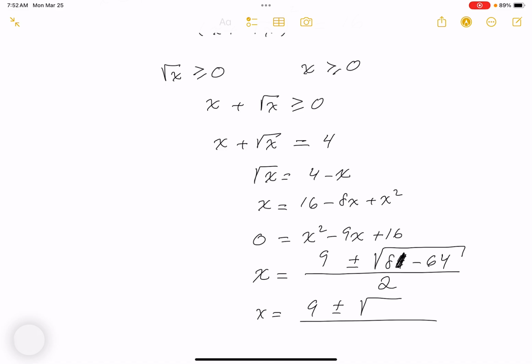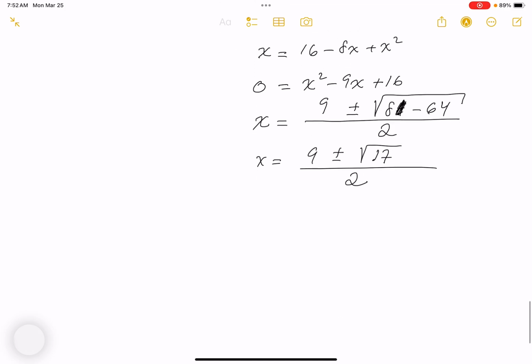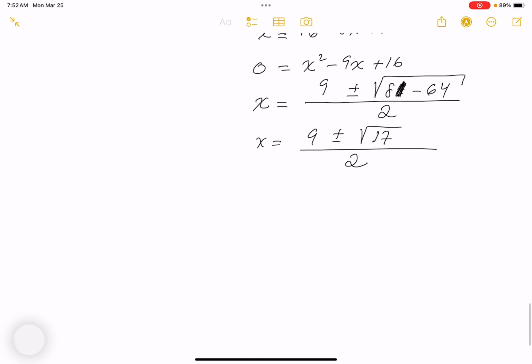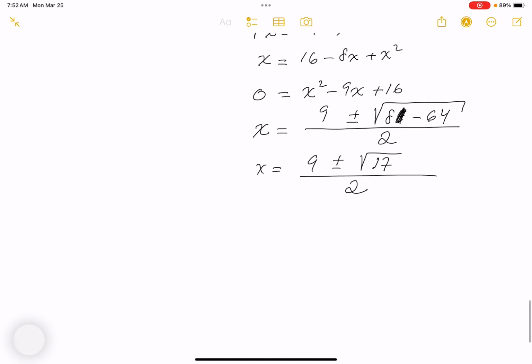That's 17. Well, I'm certainly getting real numbers. That's good news. My question is, I wonder, they said it's unique. It can't be both of those. So let's go back and think about it. Is it x equals 9 plus root 17 over 2, or is it this one?